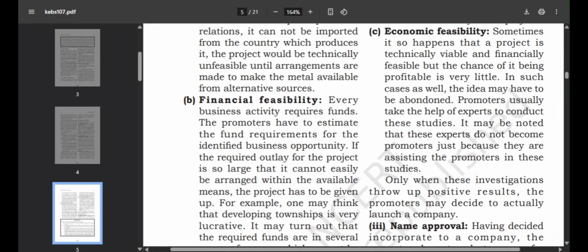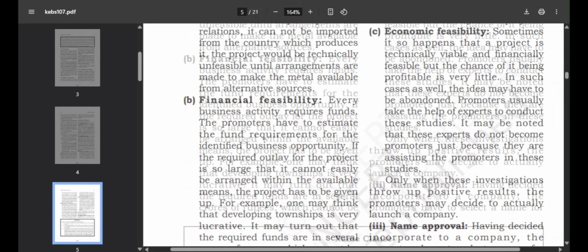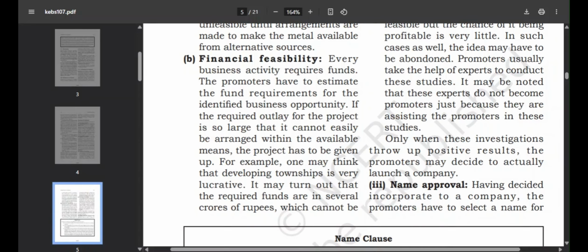If the required outlay for a project, say 5 lakh or 10 lakh, is so large and it cannot be easily arranged within the available means, the project has to be given up. For example, one may think that developing townships is very lucrative. Lucrative basically means very profitable.